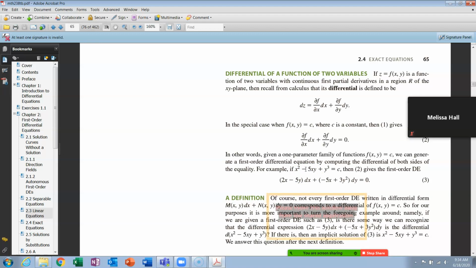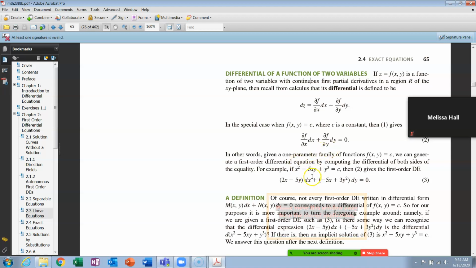So basically, this is minus 5y times x. The derivative of that would be minus 5y. The derivative of y cubed, well, if y is treated as a constant, y cubed is a constant. The derivative of a constant is 0. So this gives you your partial of f, this function f right here, times dx. There, you just bring down the dx.